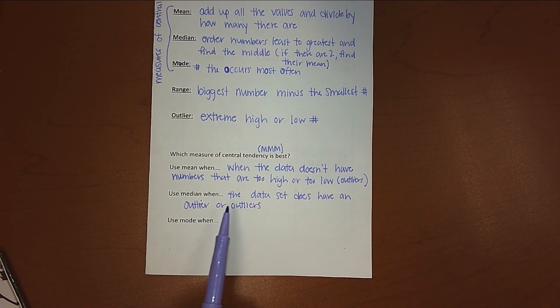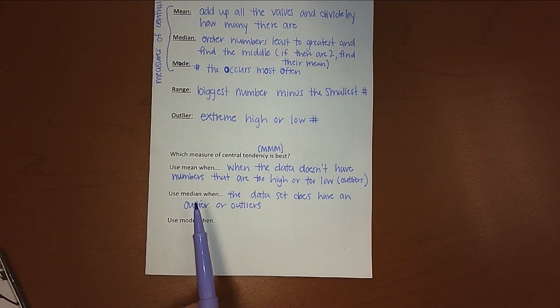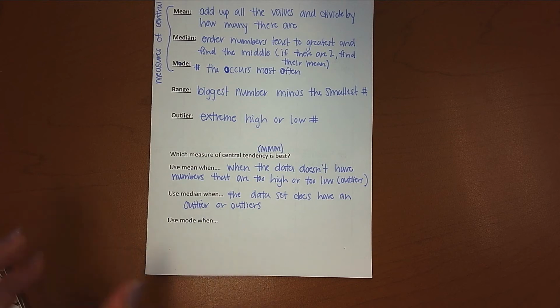So use the median when the data does have an outlier or outliers. If the numbers are too high or too low, they'll really affect our mean. They'll really drag that up or down. We're talking about median because we're finding that middle number. If there's just a couple values that are really high or really low, the median, the middle number, still tends to stay about the same.